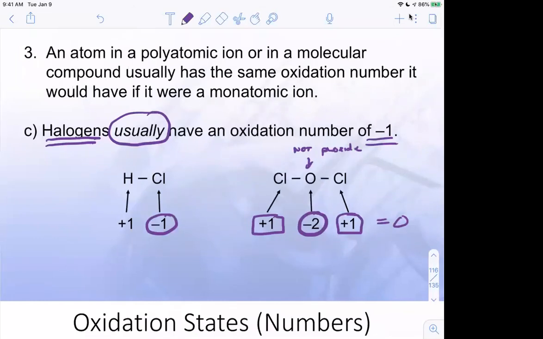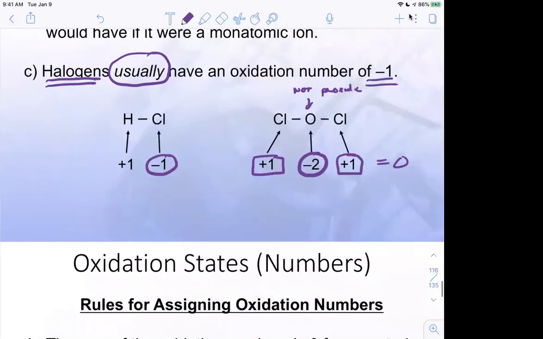So this has to equal 0, which gives me an oxidation number of +1 for chlorine. So chlorine and other halogens can vary widely, especially when I get into groups 3, 4, and 5, because remember, I have d orbitals and they can do different things.